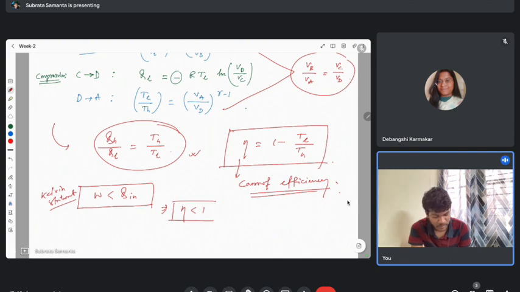It is maximum for the reversible process, and for real processes, if an engine contains an irreversible process, the efficiency is always less. That is what the Carnot theorem tells.